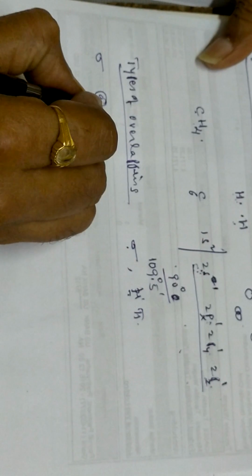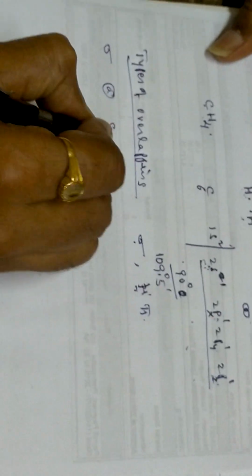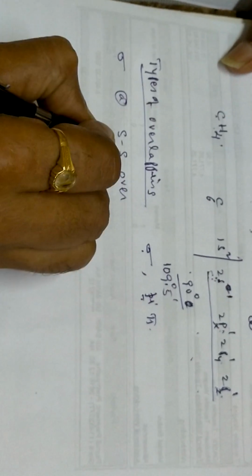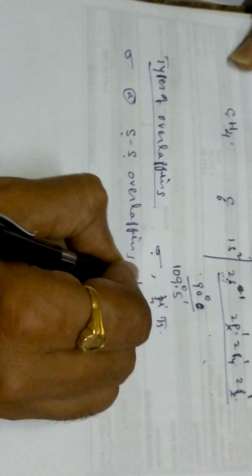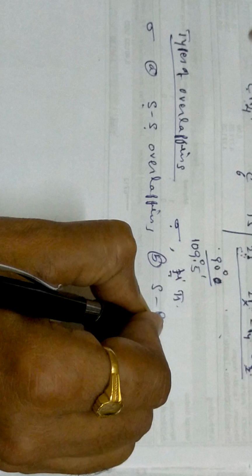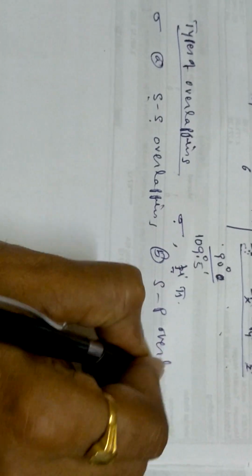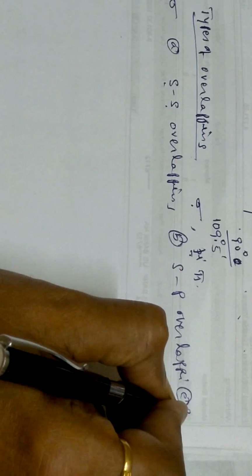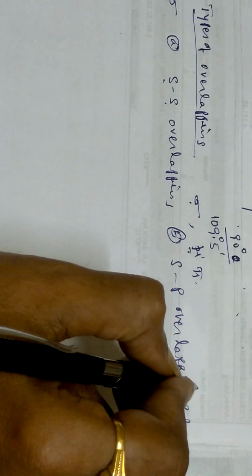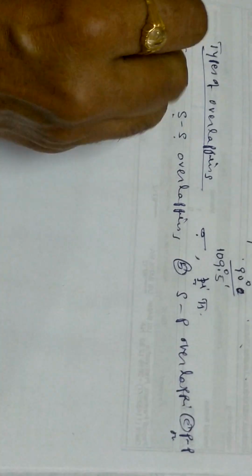First, ss overlapping, s orbital overlapping. Second is s and p overlapping. Third is pp overlapping. These three are all sigma.